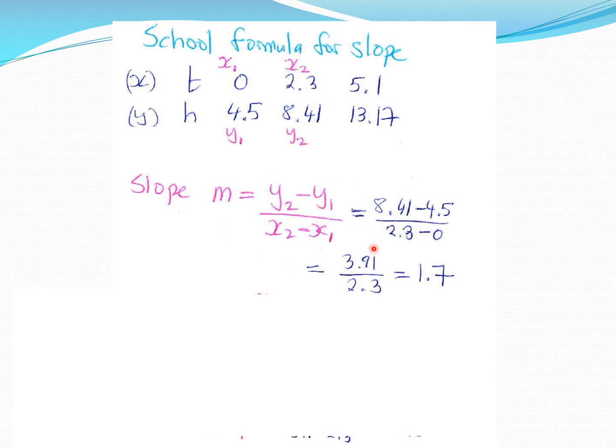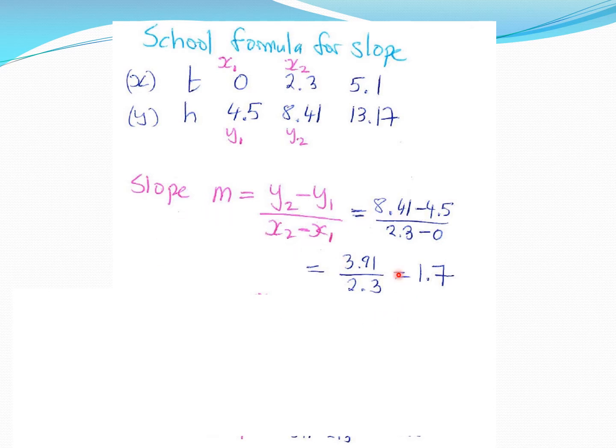The formula more or less just reproduces what we did before. The vertical height is 8.41 take away 4.5, and that follows this formula: y2 minus y1, 8.41 minus 4.5, over x2 minus x1, which was the horizontal width. You remember we went from t equals 0 to t equals 2.3, and we called that 2.3 the last time. Again, this little formula gives you the same result.